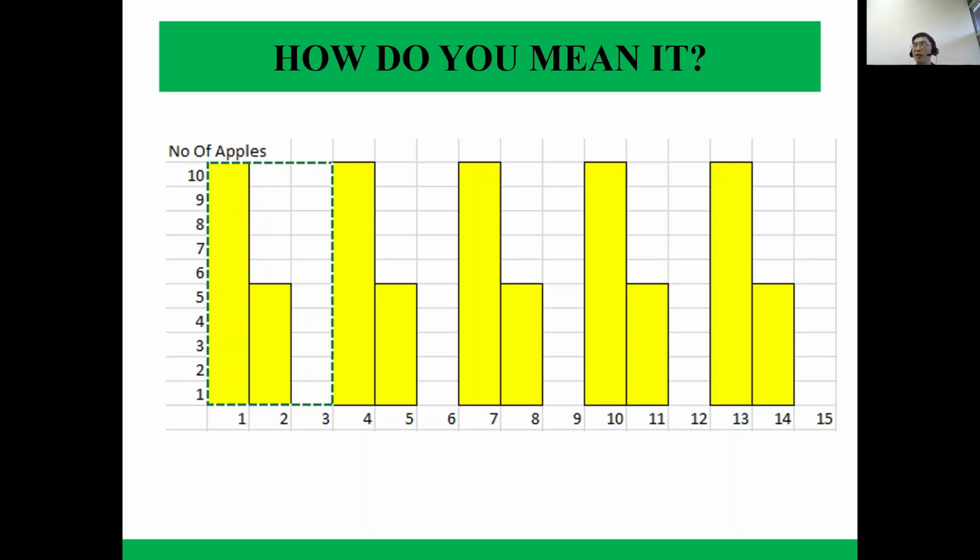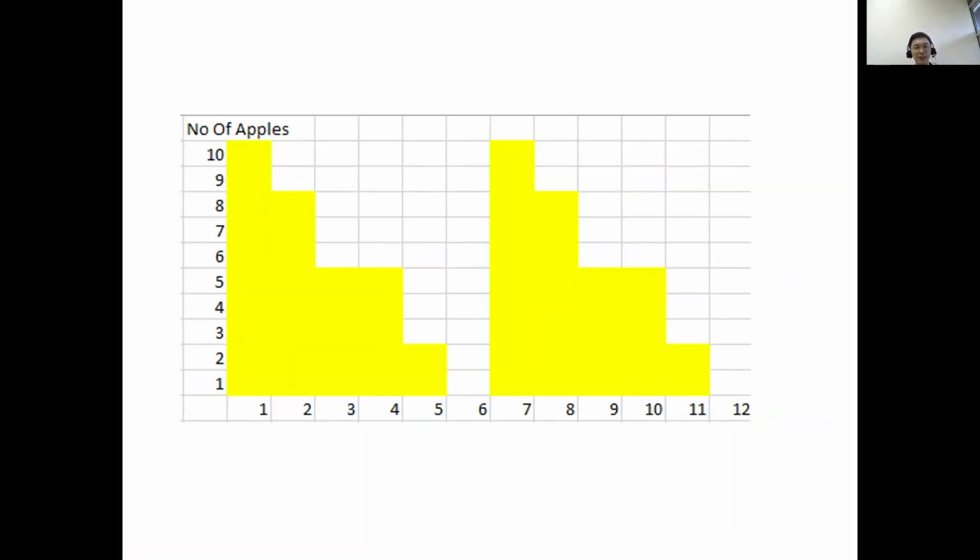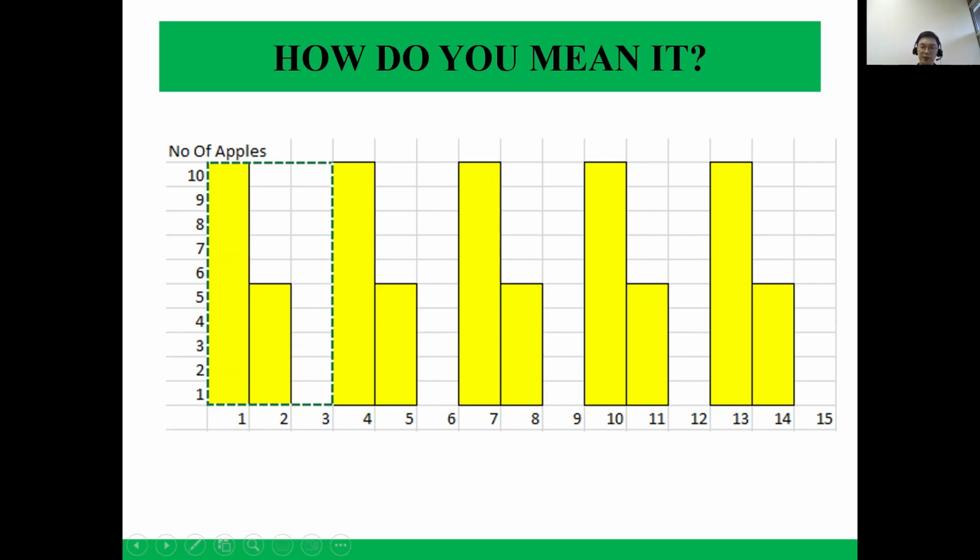To give you an idea, if on day 1 I give you 10 apples, day 2 I give you 5 apples, and day 3 I give you no apples, and then I repeat the structure every 3 days, you can see that if I draw a line here, the area here would fit into this area here.